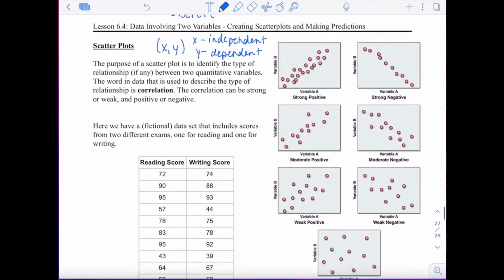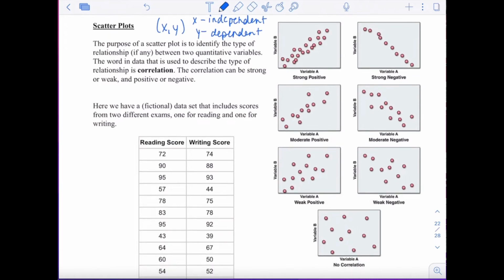So if we take a look at the 7 graphs to our right here, we can see that, first of all, a positive correlation has to do with the slope. If you think of a line underlying this data, the slope of that line would be positive. So in other words, as variable A increases, variable B also increases.